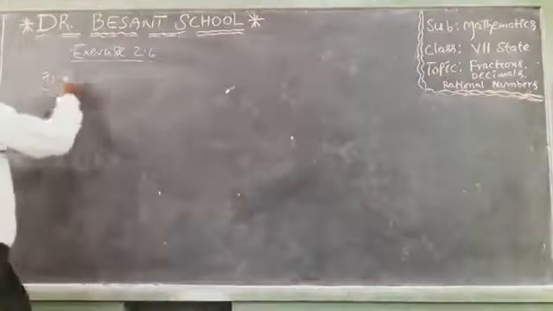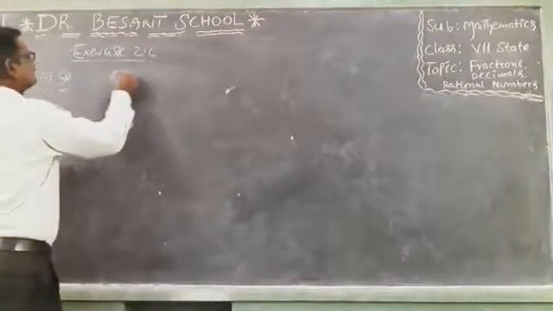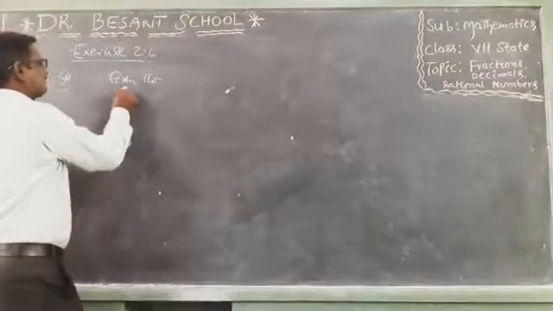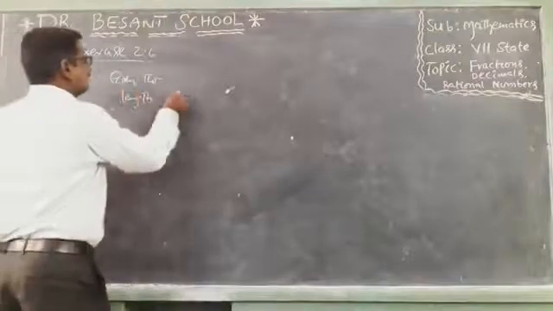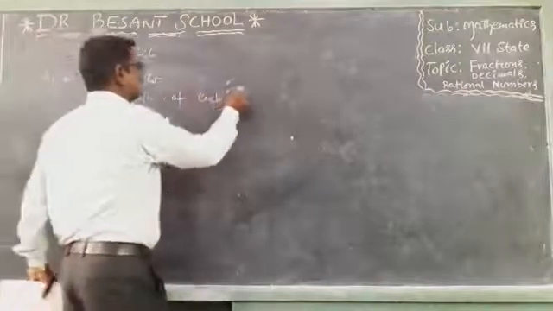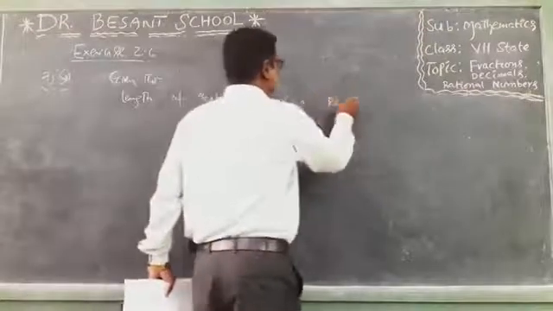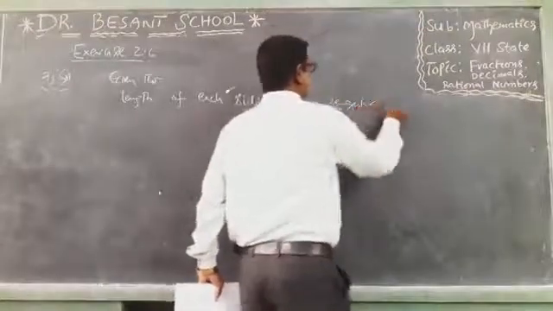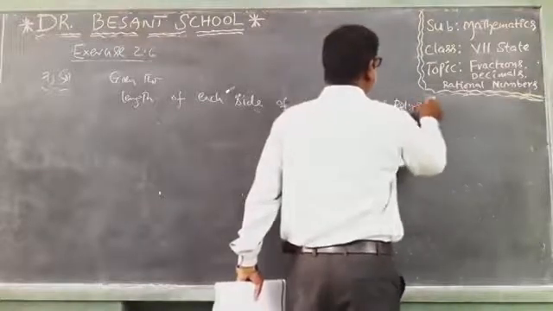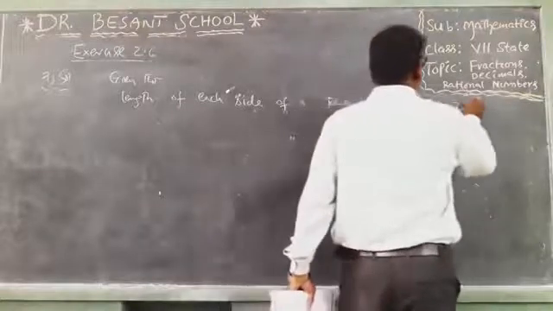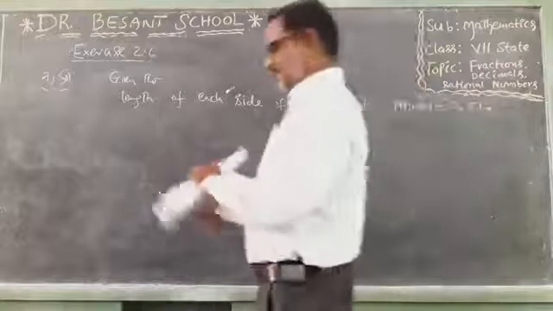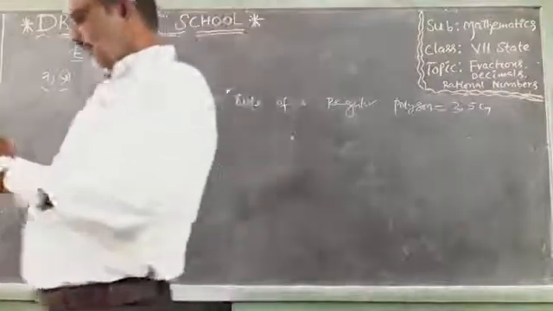Given that the length of each side of a regular polygon is equal to 3.5 centimeters.